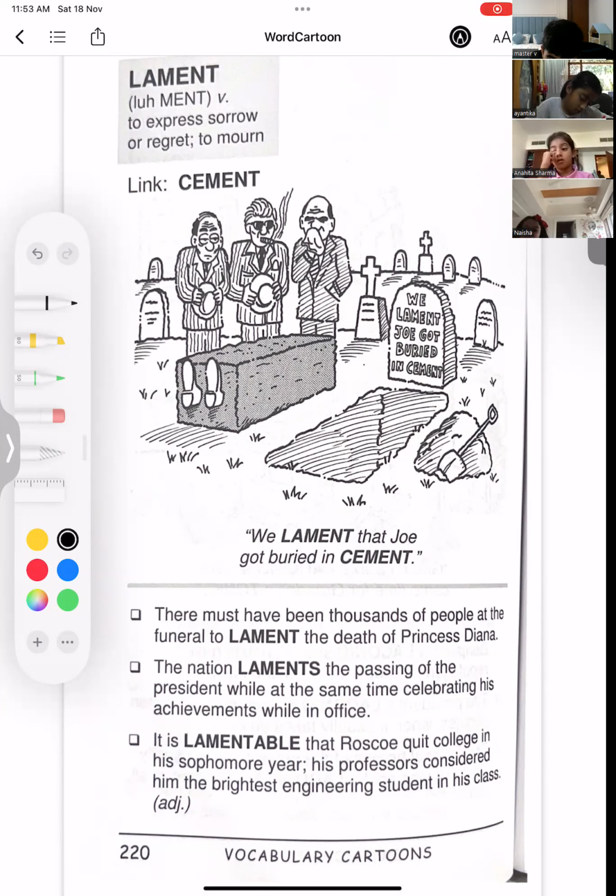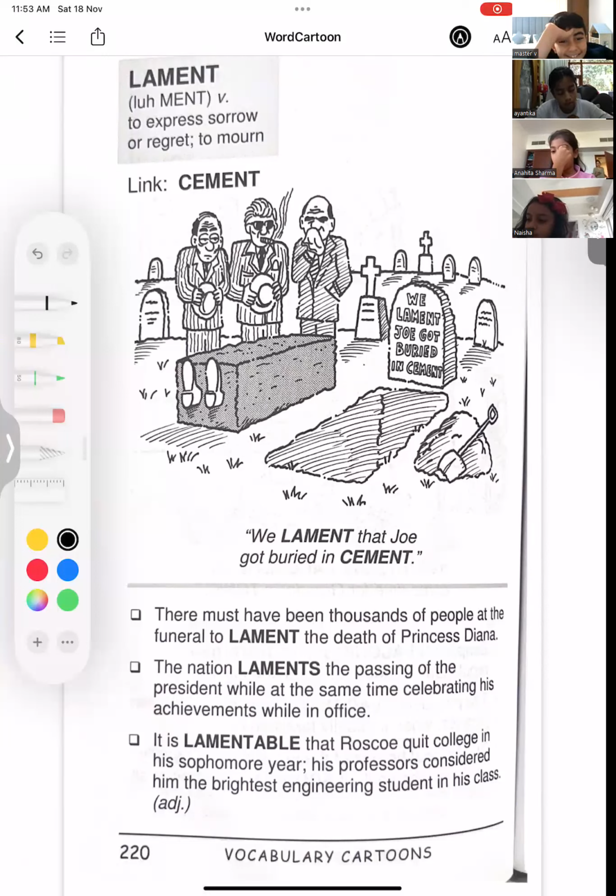Now, these are two different meanings, and you have to use them wisely. You will lament over a broken toy, which Shania broke. Did you understand the difference?